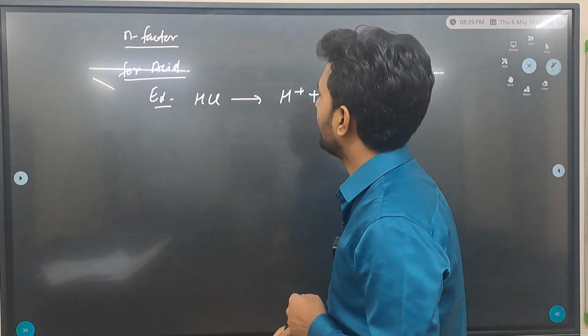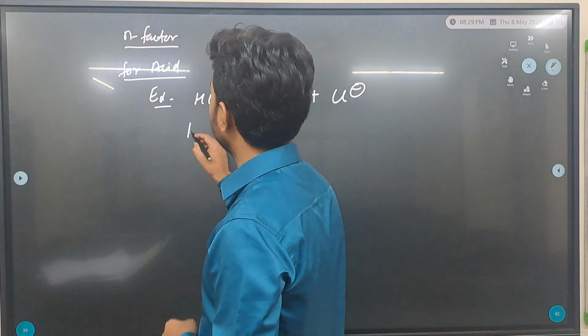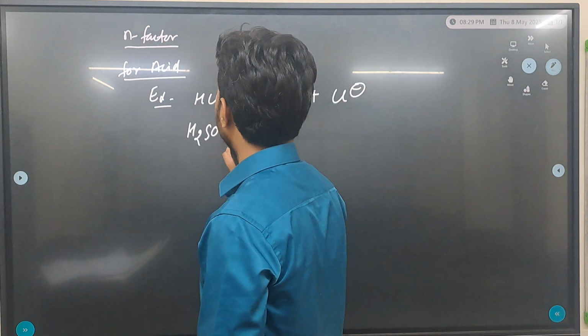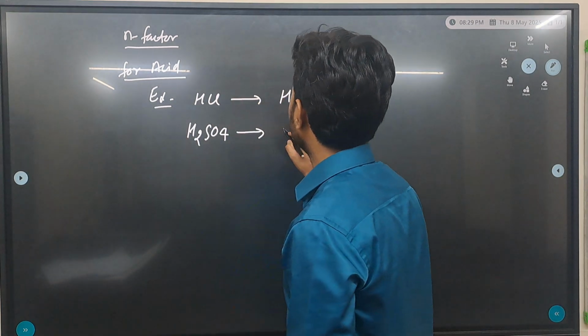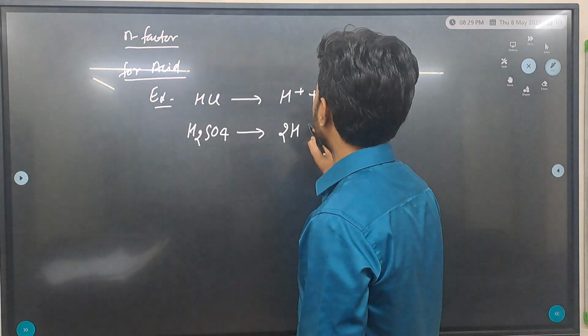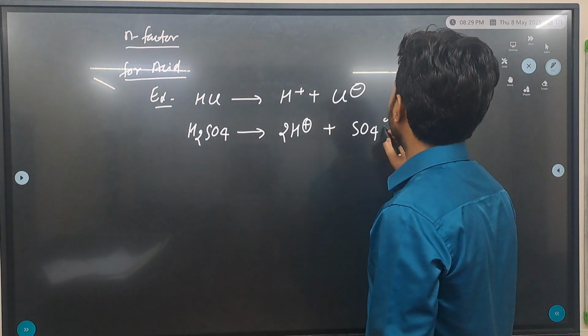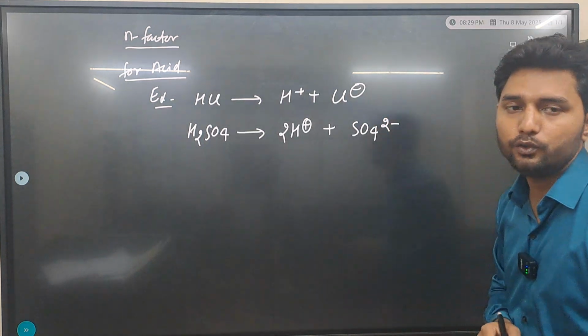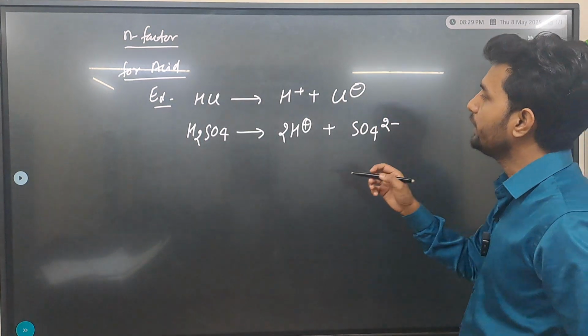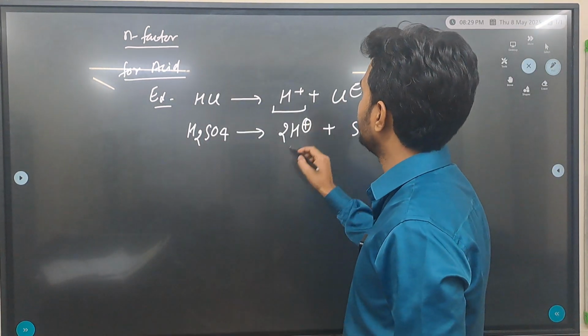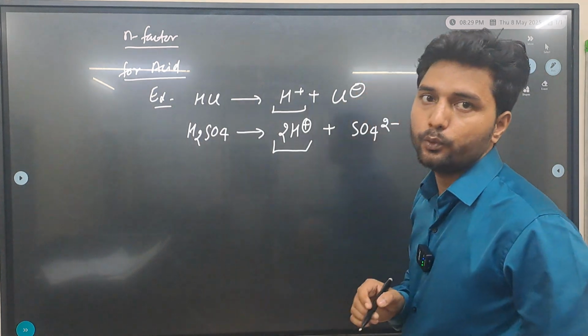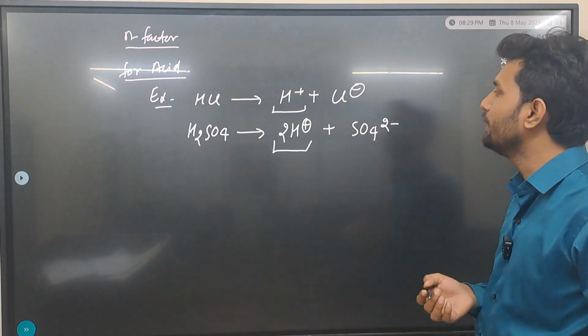And if we take H2SO4, it gives 2 H positive ions plus SO4 2 negative ion. So here HCl gives 1 H positive and H2SO4 gives 2 H positive.